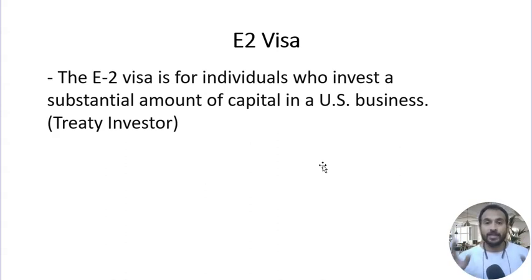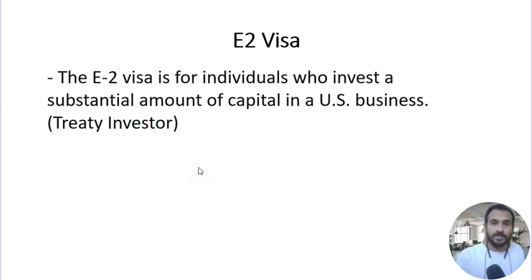For example, there is an individual who is working in the business, and that business is also from that treaty country, and the person applying for E2 also needs to have at least 50% of the capital investment in the business. Then only will the person get E2.